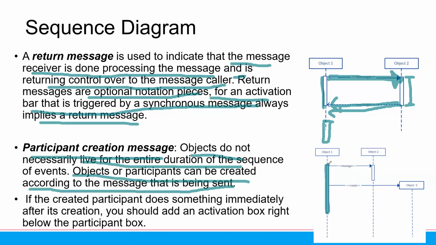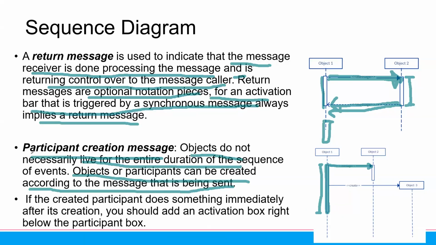When we send a synchronous message, the synchronous message is always in the first part, in the first time when the message is created or when the message is sent. And then it will show some period of time that the object one will wait. But in the middle of this time, there can be another message.